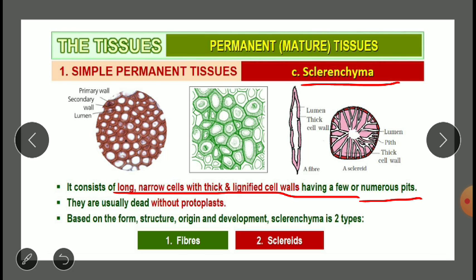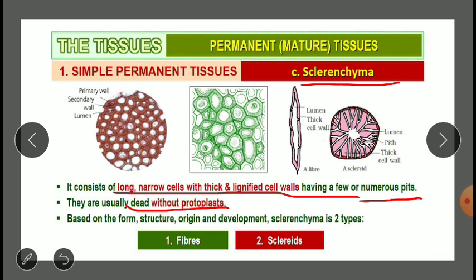But the sclerenchyma are the dead tissues. They are without the protoplast, that is, there is no cytoplasm nor any nucleus present. So they are dead tissues.